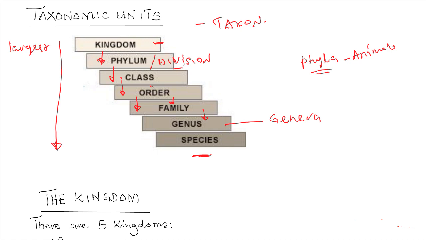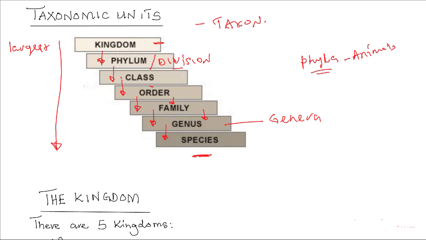Within the family, we have several genera, and the organism will be placed in a particular genus. And in a given genus, there will be several species to which the organism will belong, but to one of them, just one particular species. So within that species, that particular organism will be able to freely interbreed with members of the same species to produce fertile offspring.